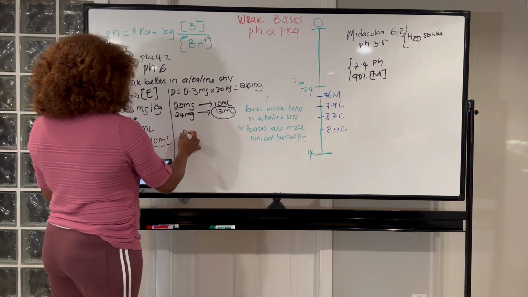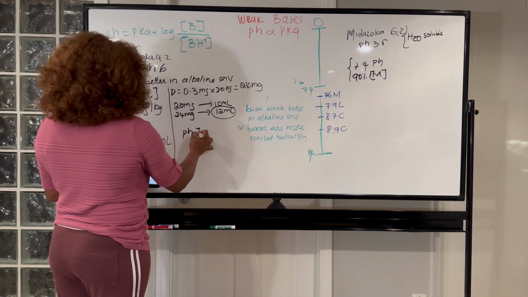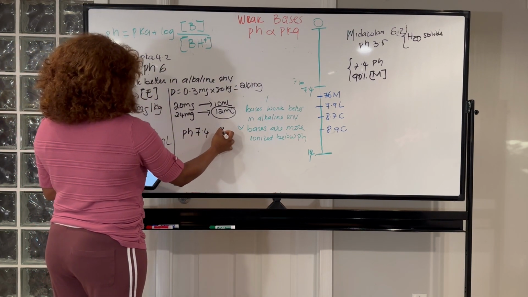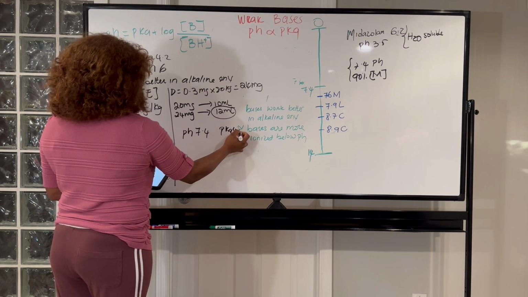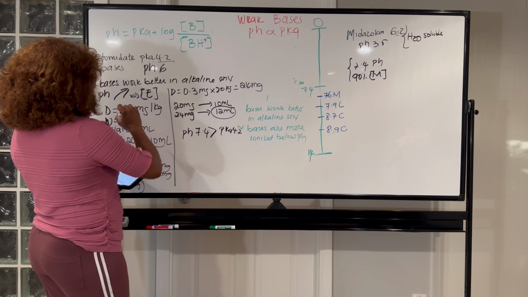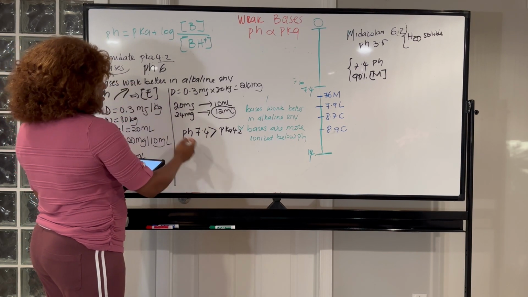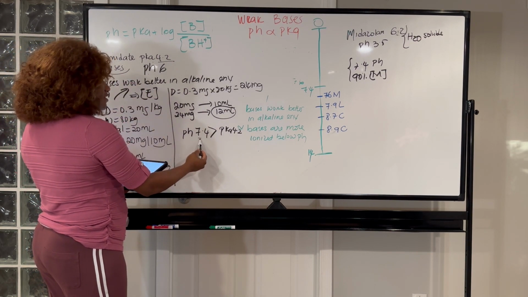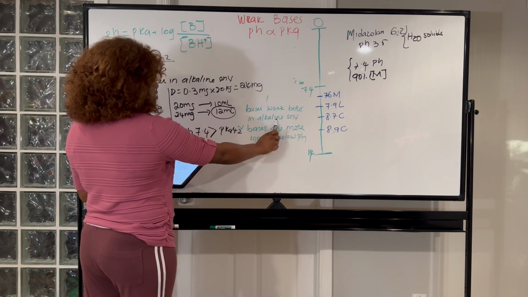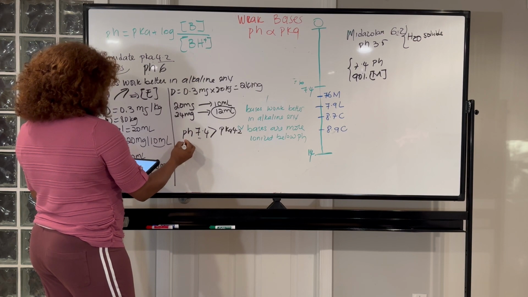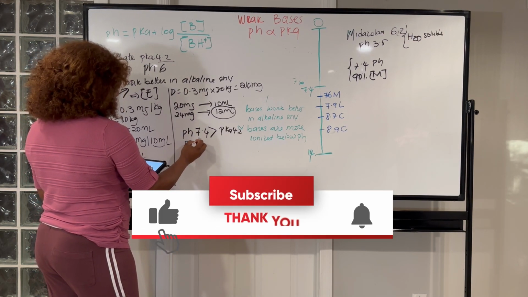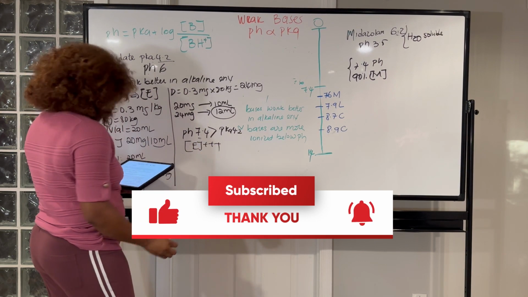So if we have a pH 7.4 and pKa of 4.2, the pH is greater than etomidate pKa, and this is a base. So we are in an alkaline environment, and bases work better in alkaline environment. So etomidate is going to exist in the non-ionized portion, the more.